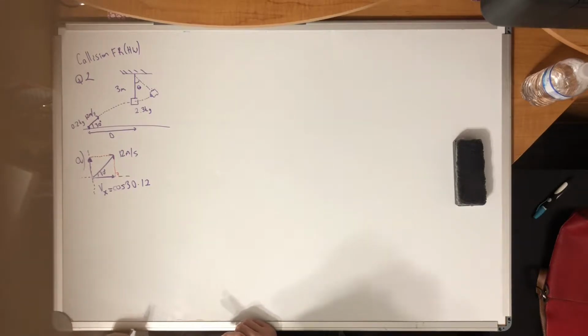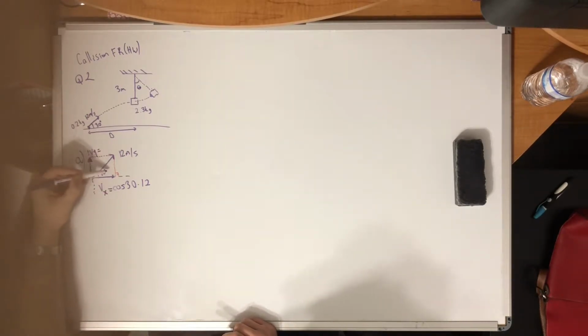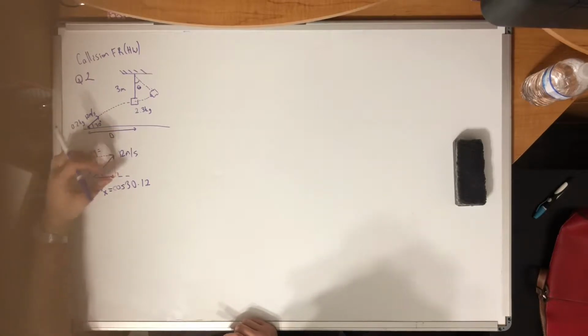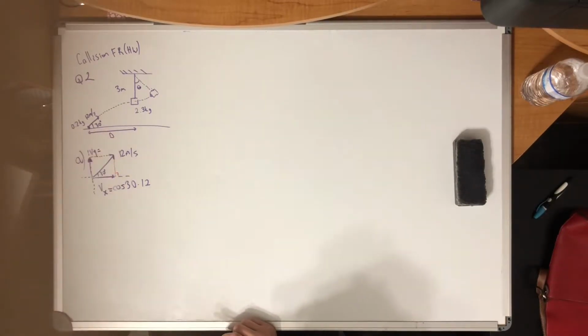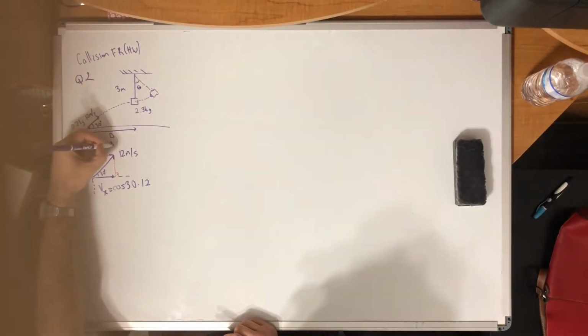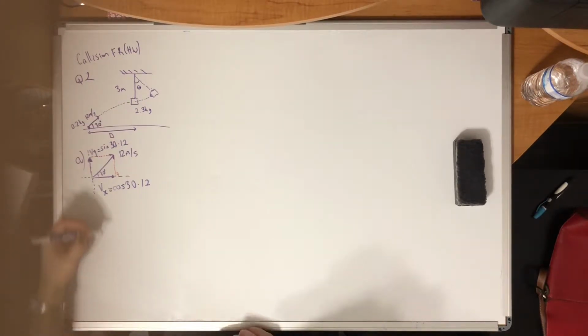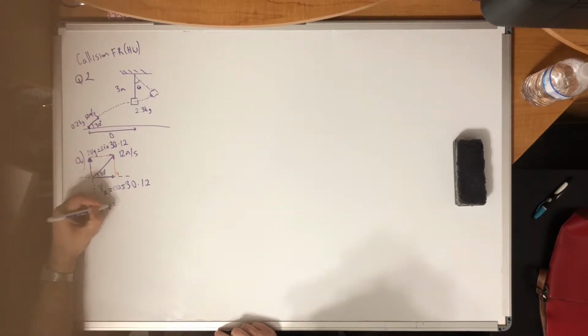It's also a vector, and this is my Vy. Since this side is the opposite side, we use sine for the opposite, so it's going to be sine 30 times 12.